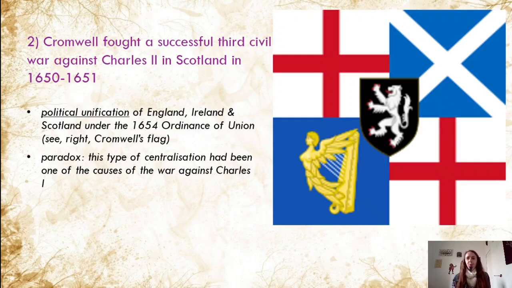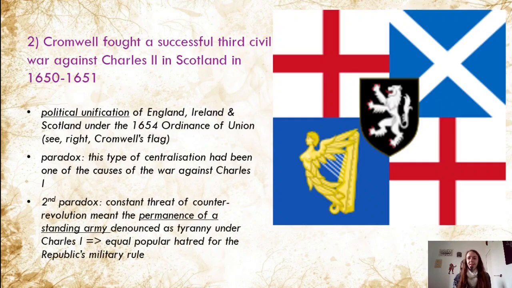was paradoxical, because this type of centralization had been one of the causes that had led to the war against Charles I. So one of the reasons why was centralization, and now it was being replaced by a system that was not that dissimilar to it.